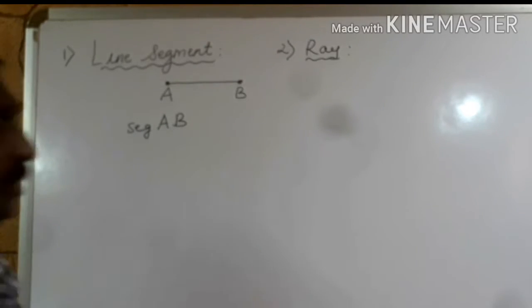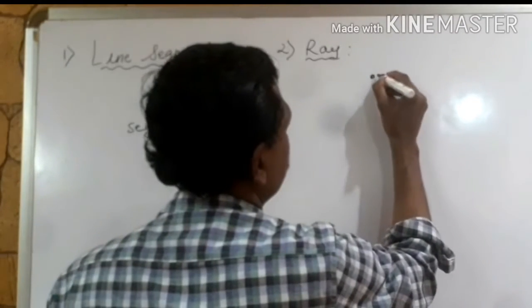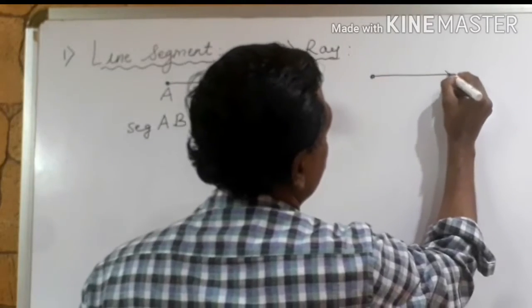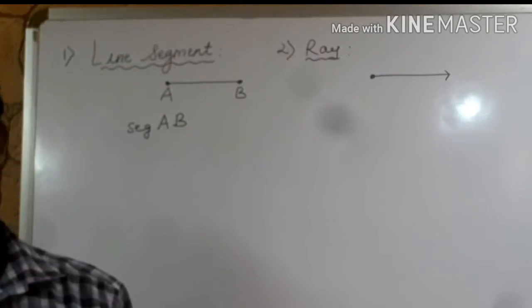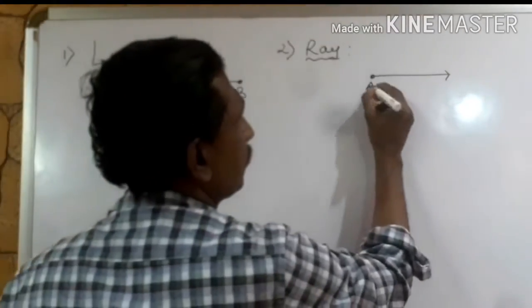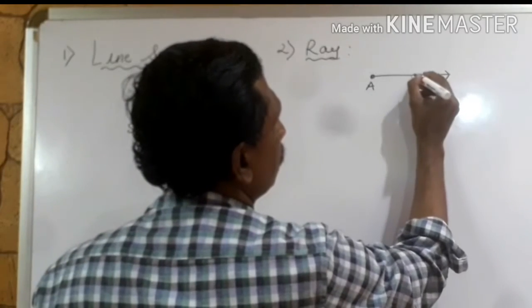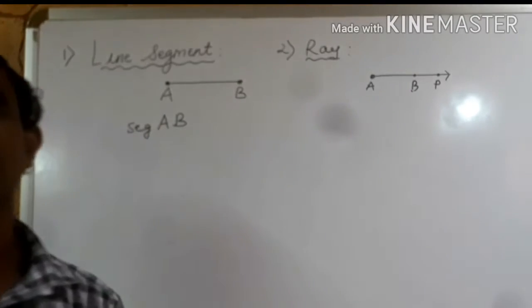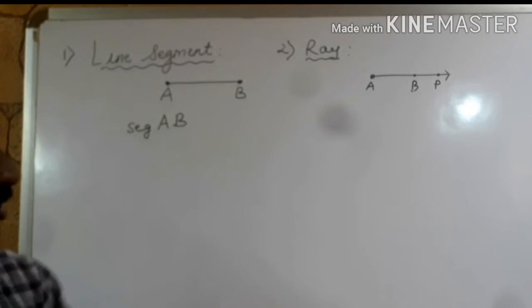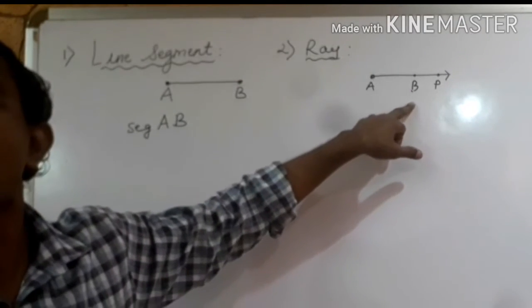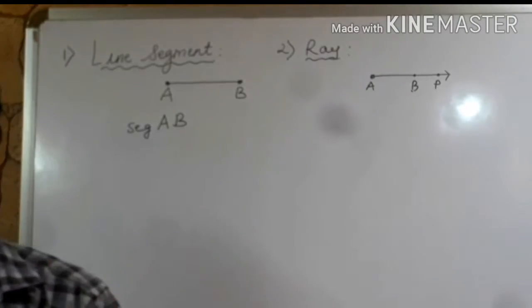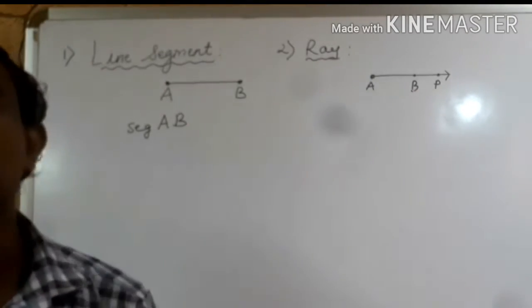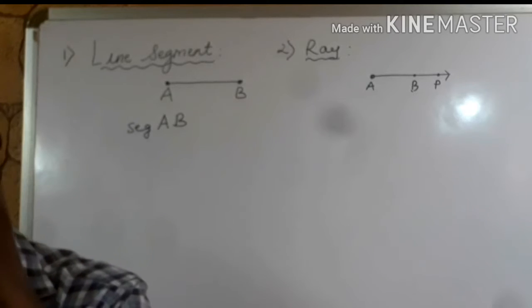Let's draw one ray. We name it A, and I've given one more point over here as B. Suppose A and B are two distinct points.